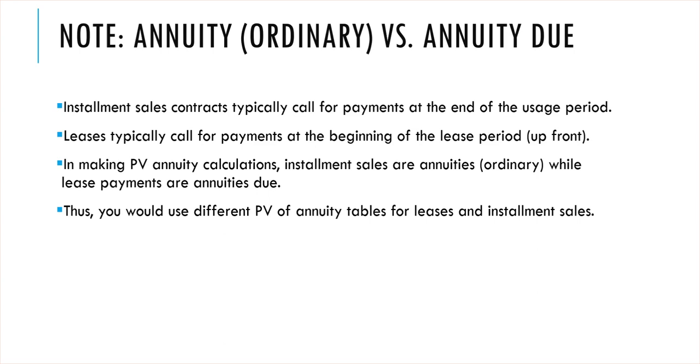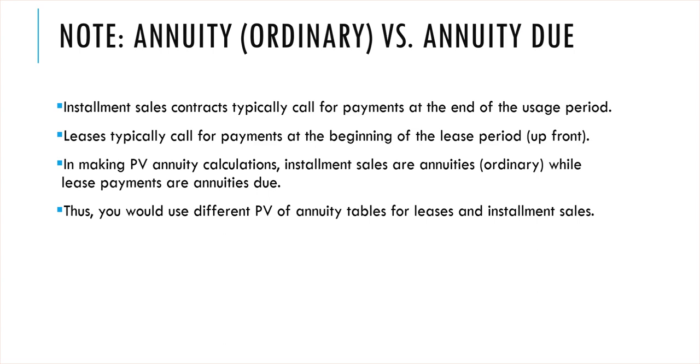So when we were in our previous chapter and the interest came at the end, we were using the ordinary annuity. In this juncture, if the payment is in the beginning and not at the end, again, you're going to use the due.